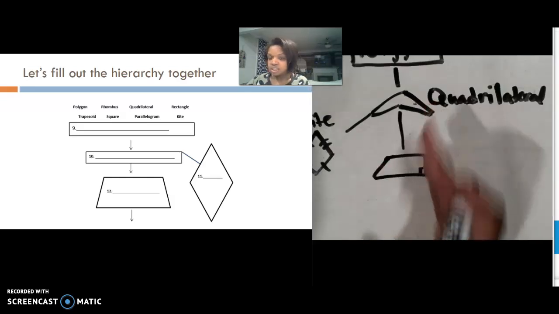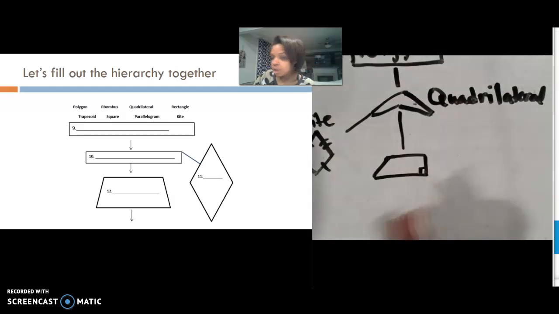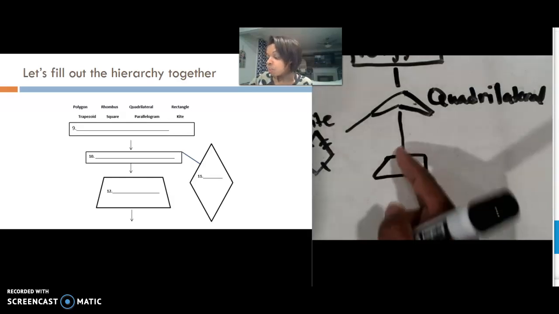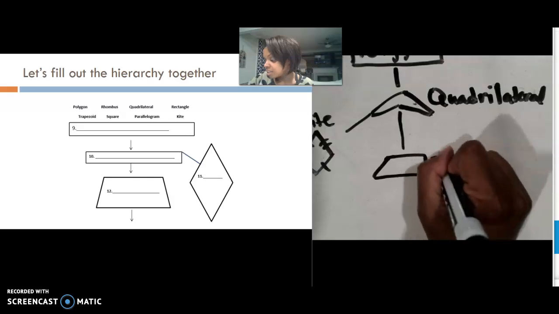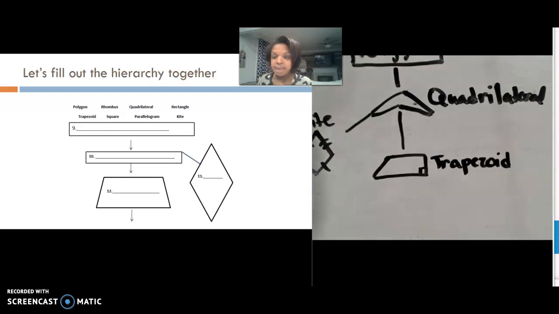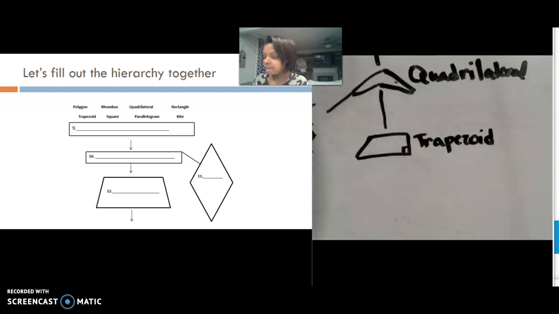If this one were to keep going and this one were to keep going, over time that line would intersect this line. But these 2 lines run parallel and they will never intersect. This also has 1 set of parallel sides, so this is a trapezoid. Okay, and if you remember that definition, at least 1 set of parallel sides, okay?